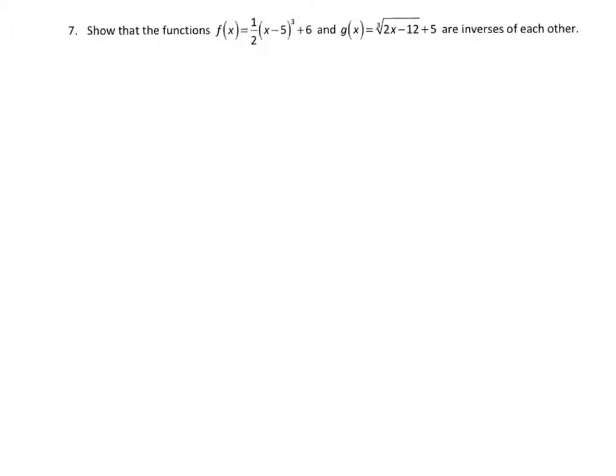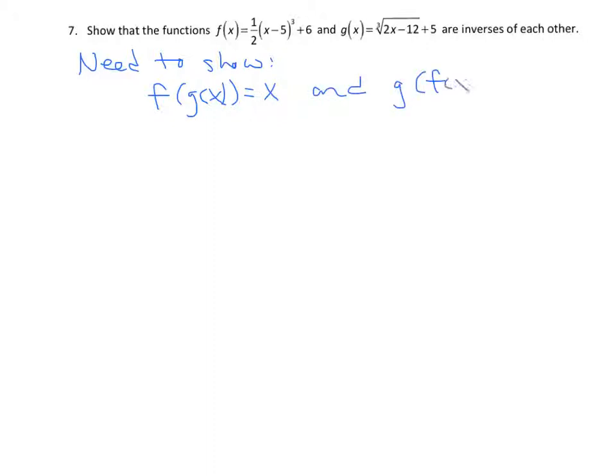Okay, in this example it says show that the functions f of x and g of x are inverses of each other. So what we need to show is that f of g of x equals x and g of f of x equals x. So we have to show both of these. We're going to start with this first part, and we plug g of x into f.